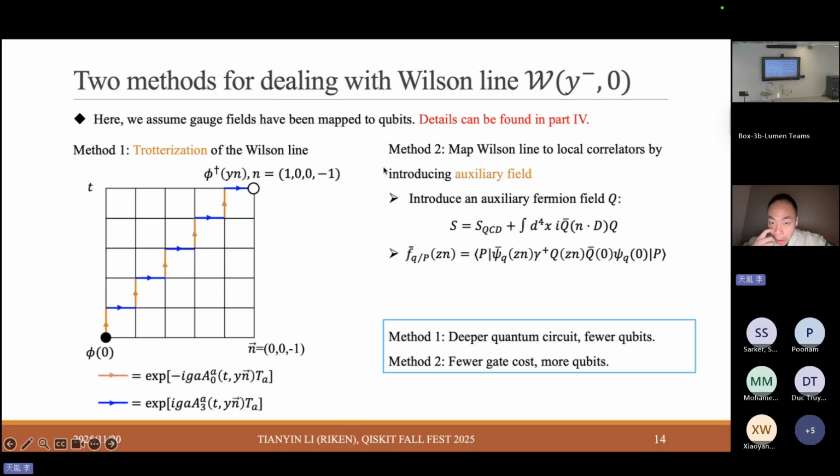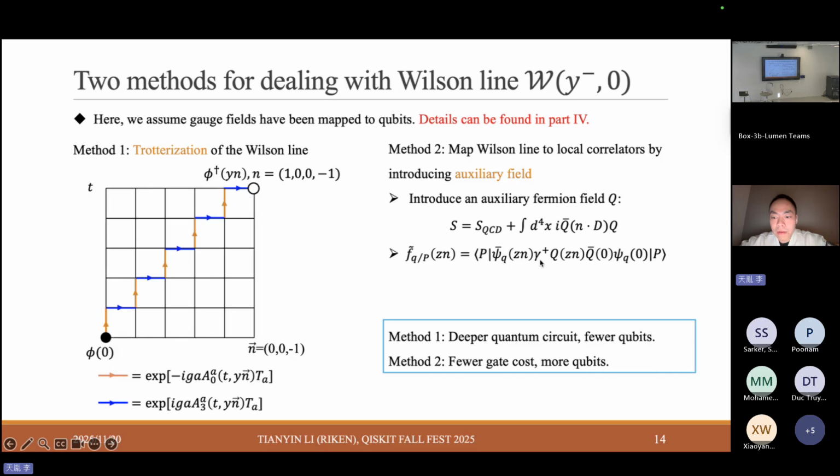On the other hand, we have another method to deal with the Wilson line, and in this method we need to introduce an auxiliary field, which is the capital Q here. And then the Wilson line can be represented by the 2-point function of this auxiliary field.